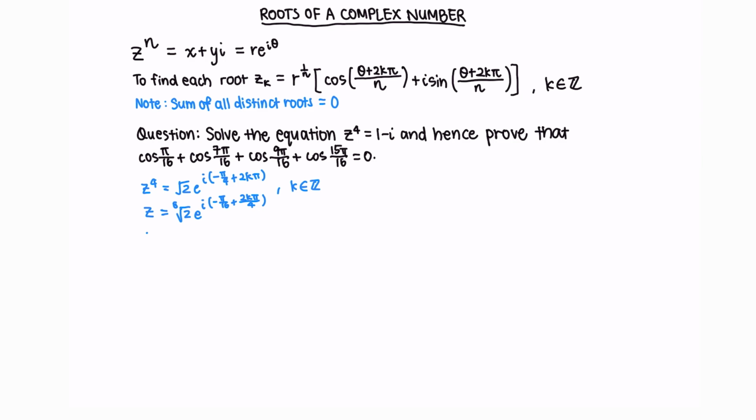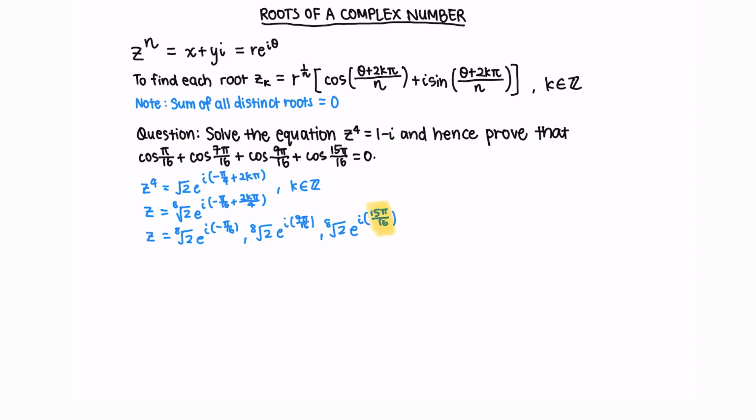So if you remember, what we do next is just substitute in values of k. The first value of k I like to substitute is always k equals 0. So in this case, k equals 0 will just be negative pi over 16. Let's say we take k equals 1, we'll get e to the power of i 7 pi over 16. If we take k equals 2, we'll get e to the power of i 15 pi over 16.